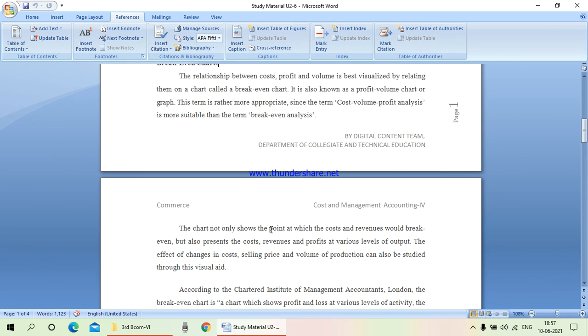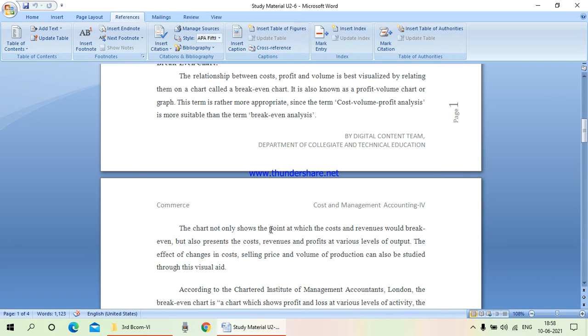The chart not only shows the point at which the costs and revenues would break even, but also presents the costs, revenues and profit at various levels of output. That means the break-even chart not only shows the point at which there is no profit, no loss, but also presents the total cost and total revenue at that point, and the amount of profit, whether it is zero or not, at various levels of output.